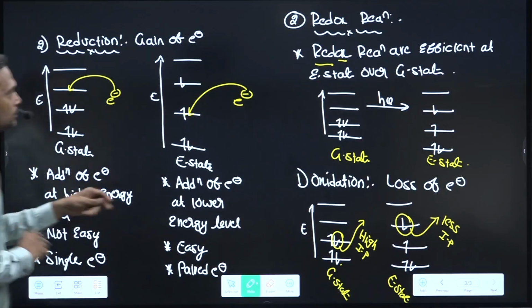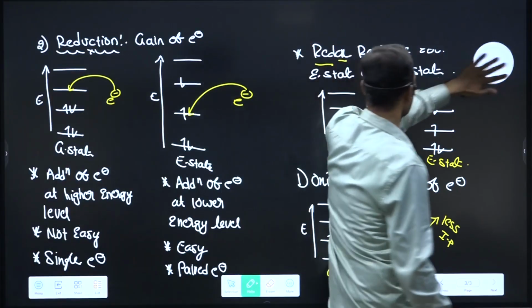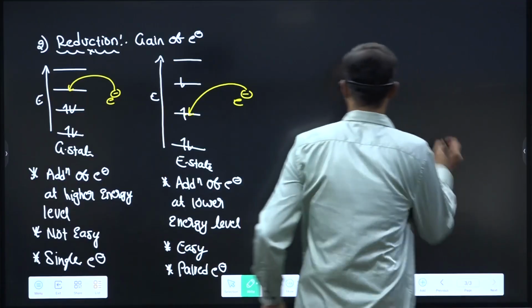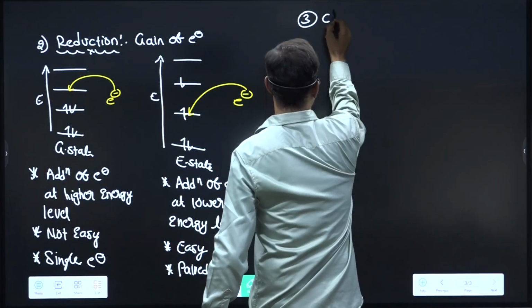Clear? So that is the second property, redox reactions. Then this is the last property, chemical reactions.